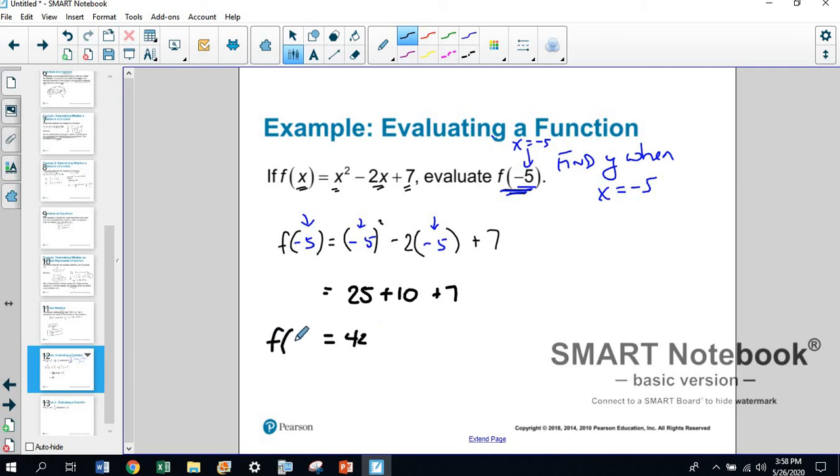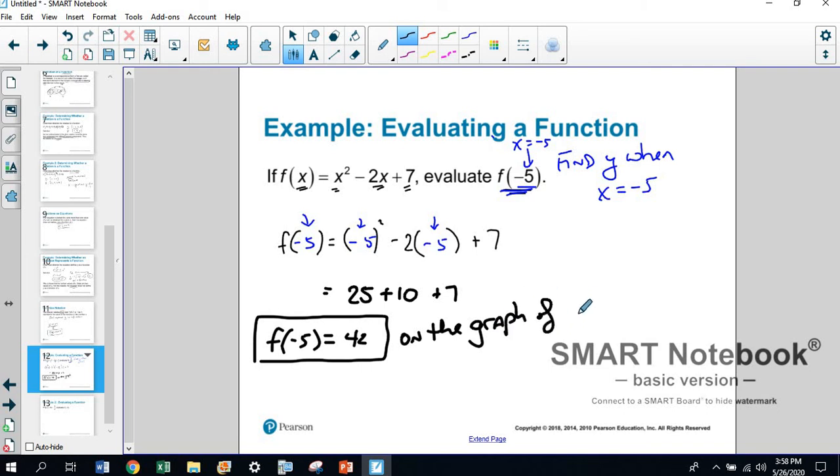So f of negative 5 is 42, and what that means is that on the graph, we'll talk about the graphs next time, but on the graph of this function, the point negative 5, 42 is a point on that graph.